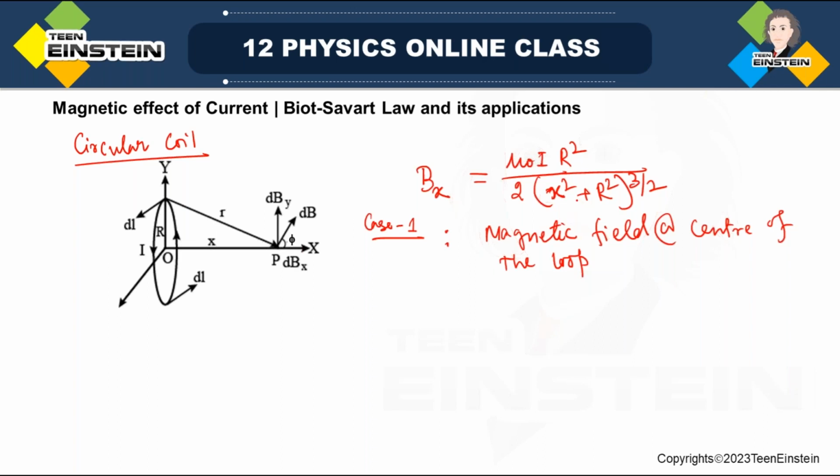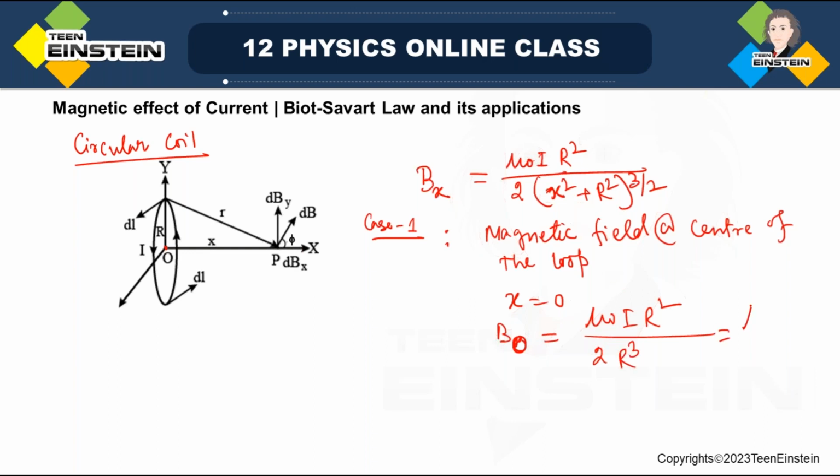How do we find that? See, put x is equal to 0. After putting x is equal to 0, what do we get? B at the center, let us write B at O. So mu0 I R square, divided by 2 into, as x is 0, R cube.